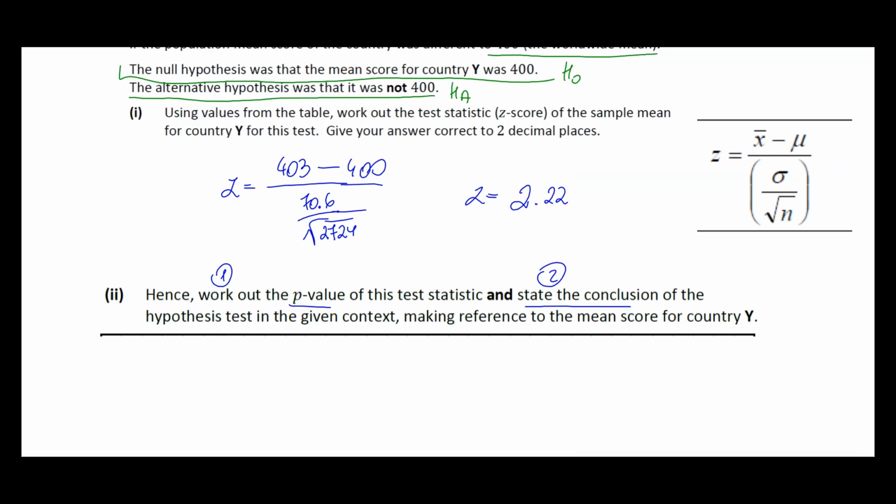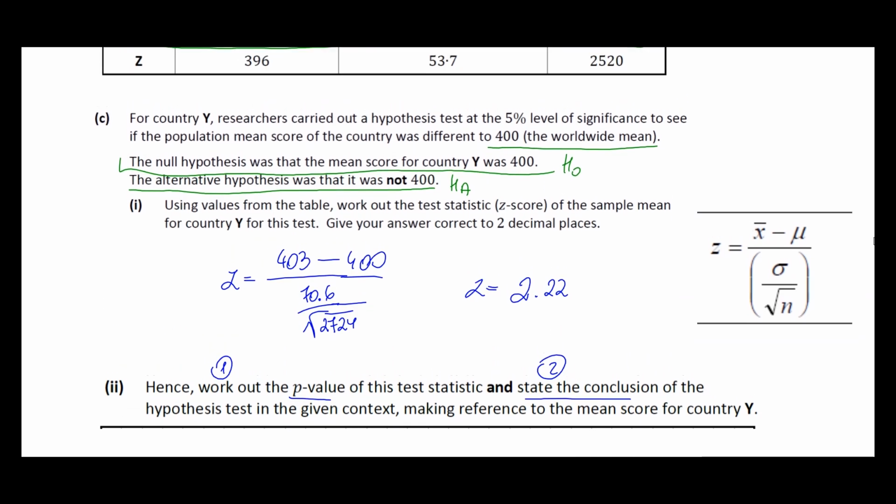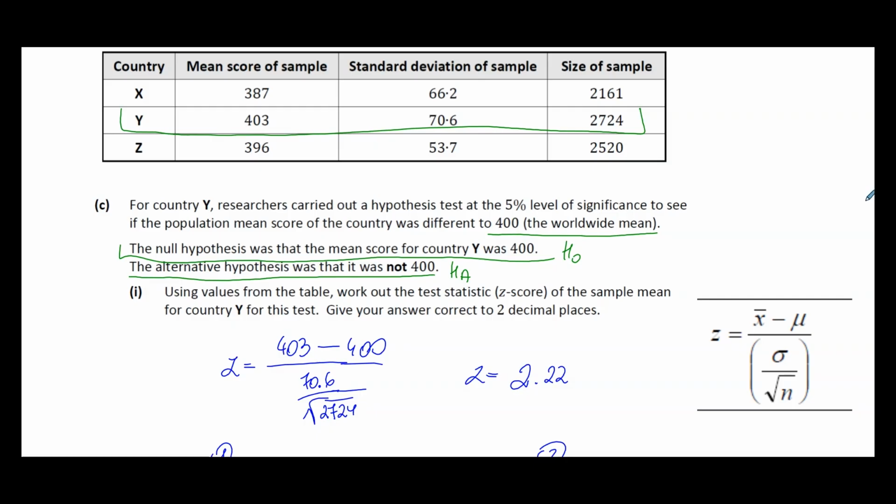What is the probability, because it is a probability, of me getting the result from the sample exactly the same as from the whole population? So, for example, in this case, we are talking about the worldwide mean.